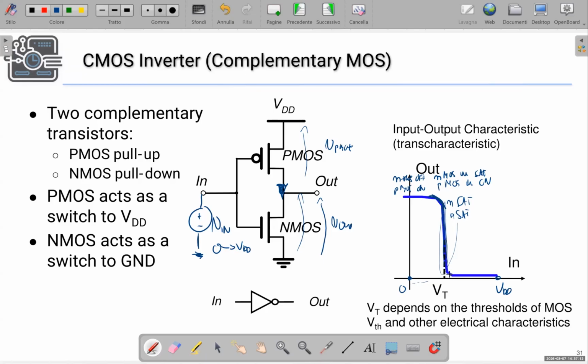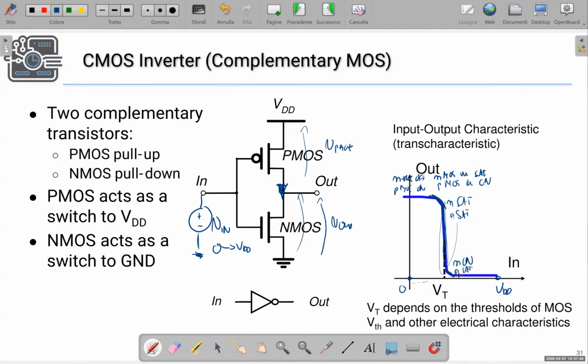Then when the voltage V out becomes smaller than VGS minus VTH of the NMOS device, the NMOS device enters the on region, so the N becomes on and the P remains in saturation.